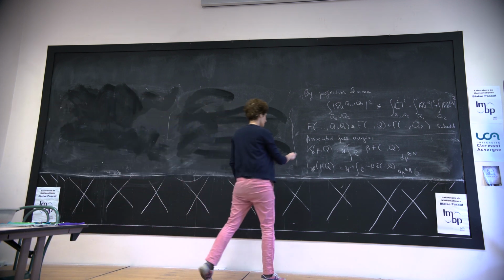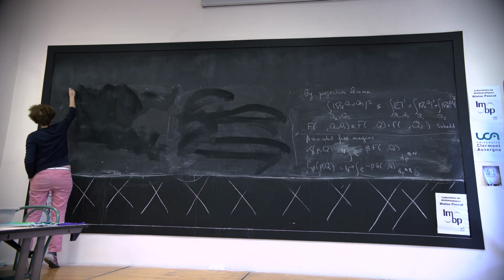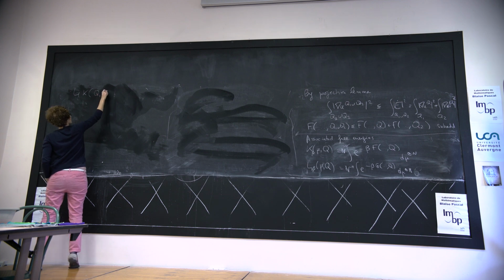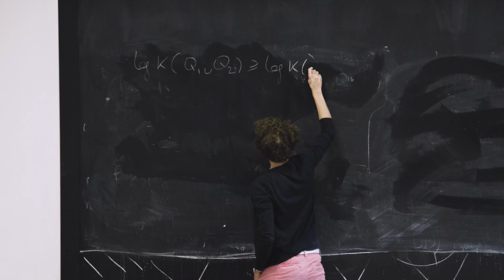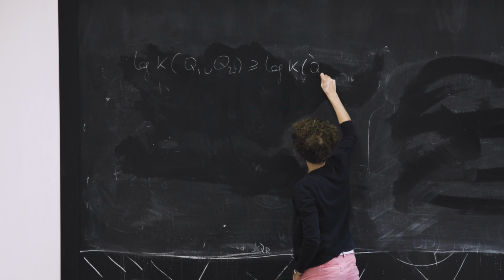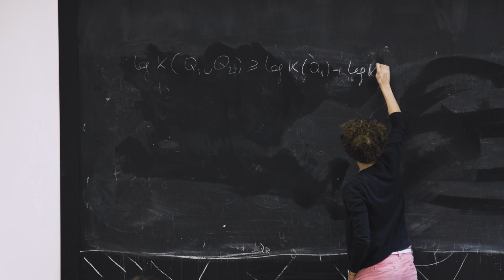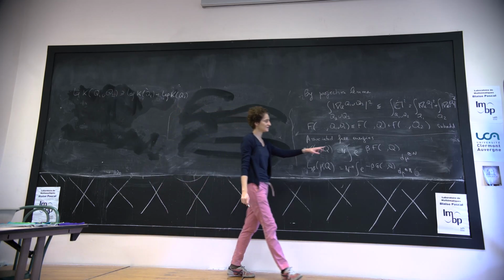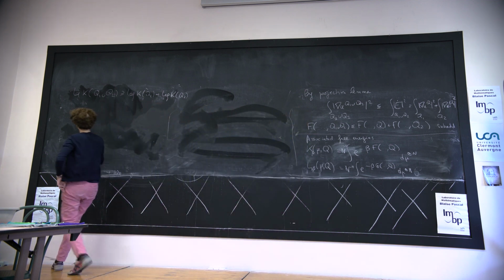Okay, so log K is super additive, right? I'm not writing all the entries, but it's kind of obvious. Because F is sub-additive, so this one is super additive, and the same for L.